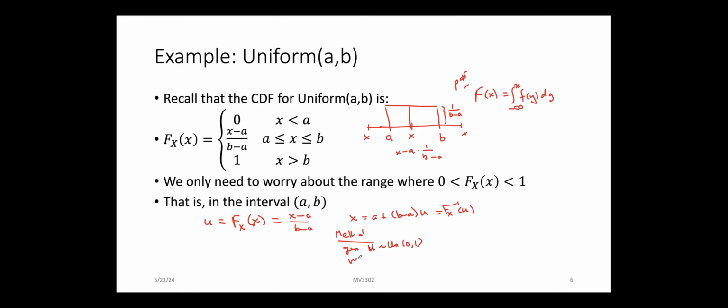And we're going to return, plugging this random variable into that, A plus B minus A times this thing that we generated.